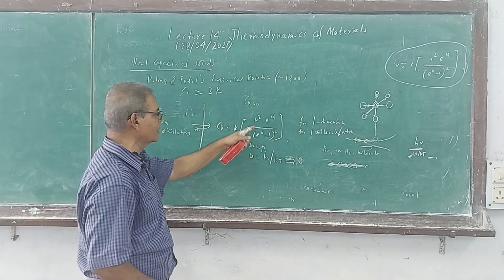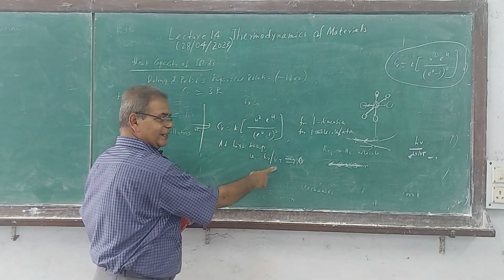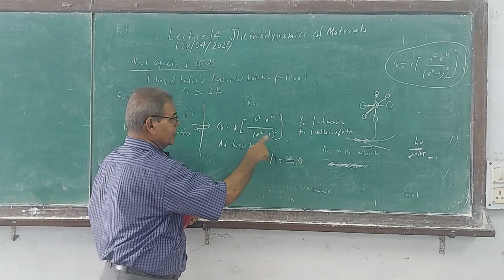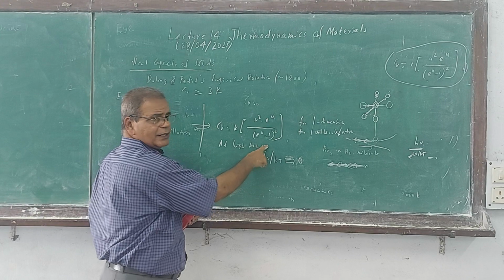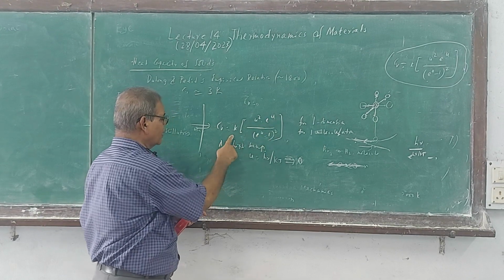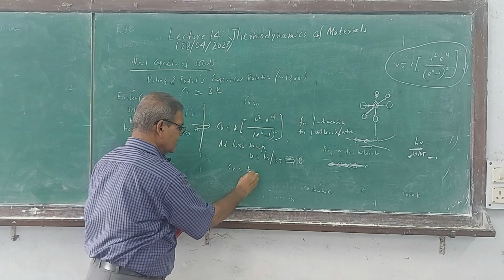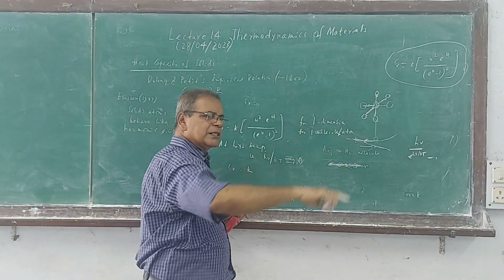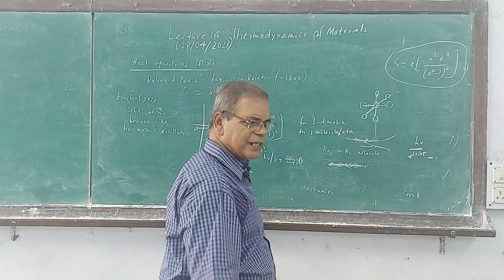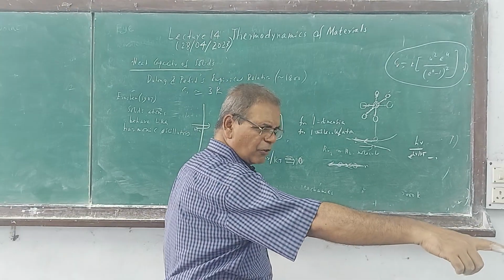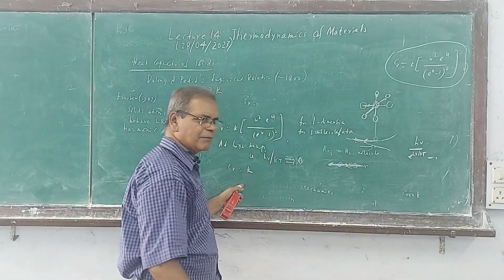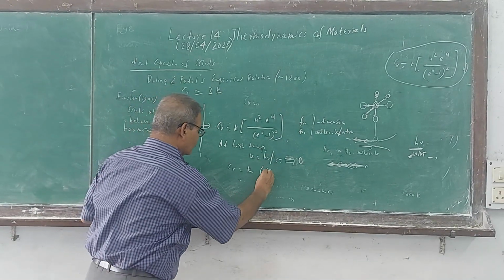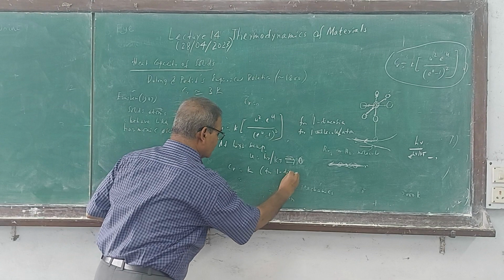So u tends to 0 means this is 1, this is 1. What remains? Cb is k. Vibrational contribution is k. So for one dimension, one molecule, it is k: one k for one direction.